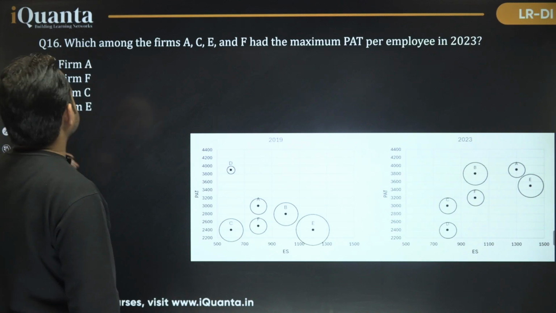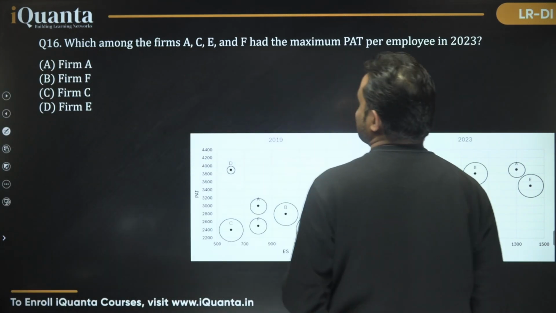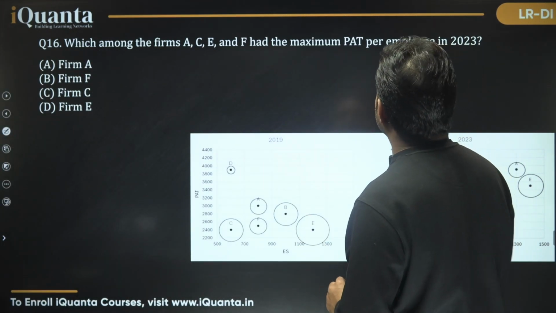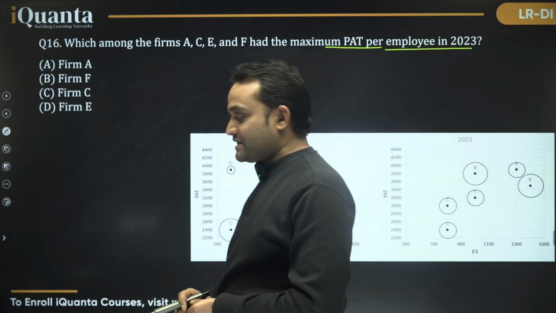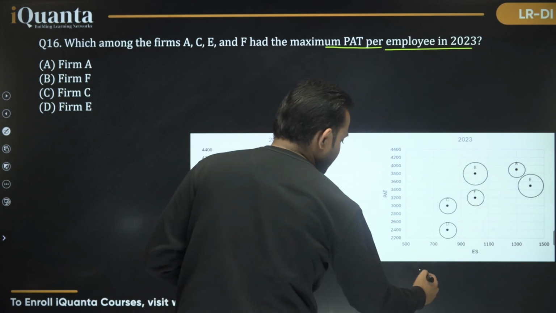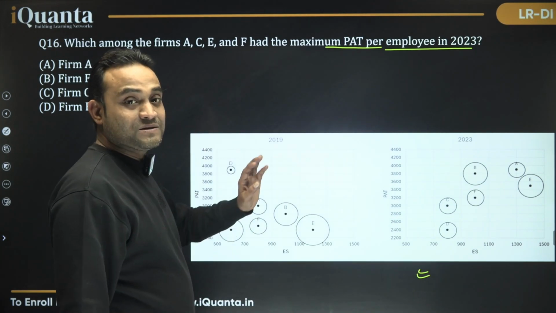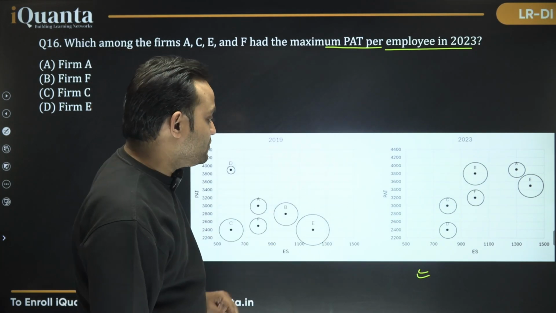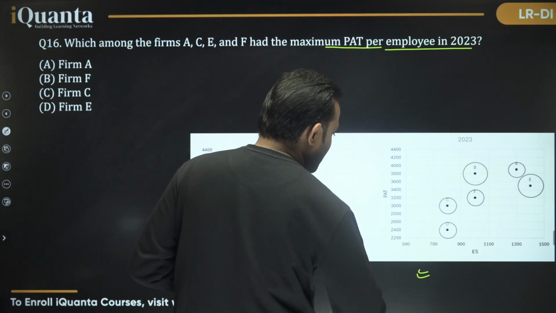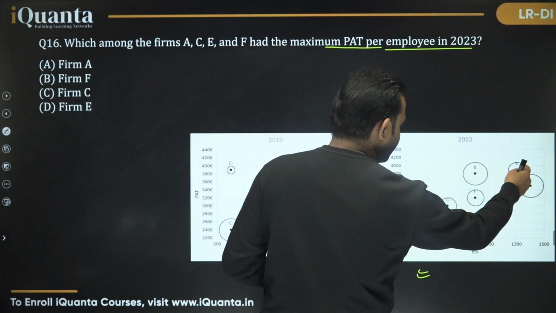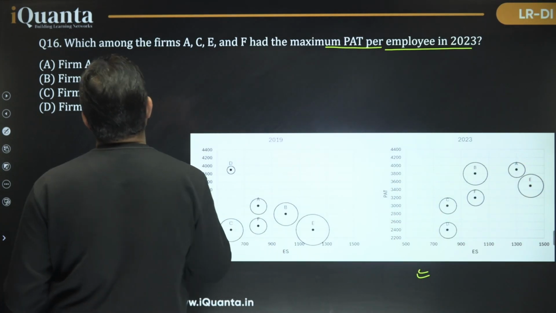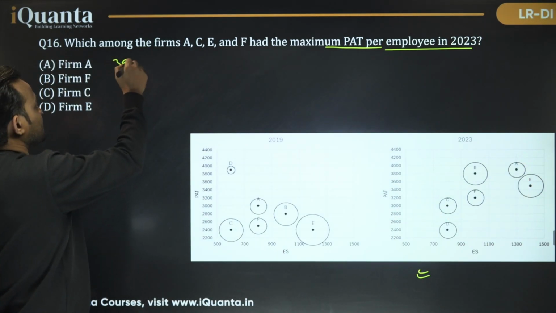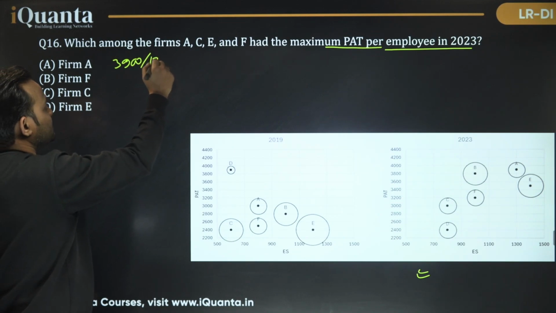Question number 16 says, which among the firms A, C, E and F had the maximum PAT per employee in 2023? So what we need to find is PAT value upon employee value. PAT value for firm A is 3900 and 1300 is employee strength. So 3900 divided by 1300.